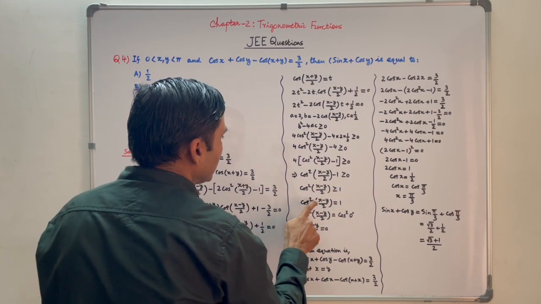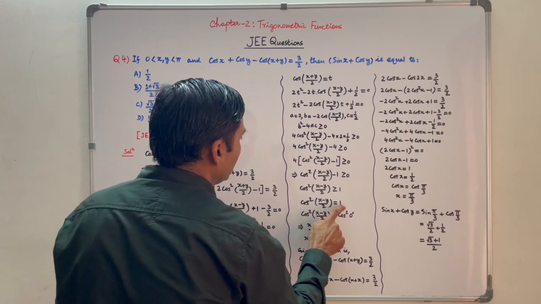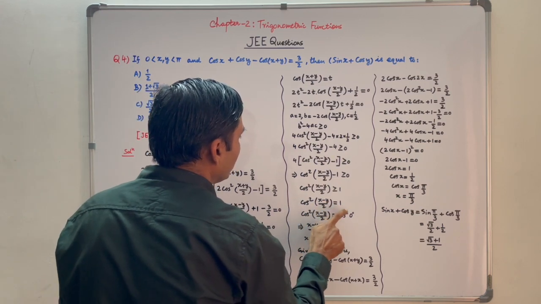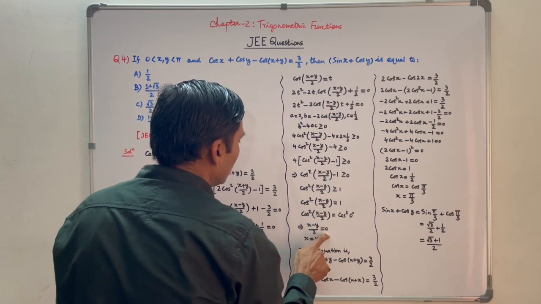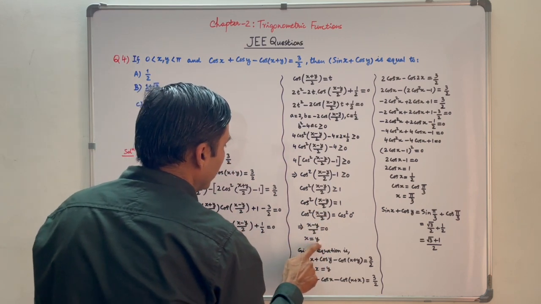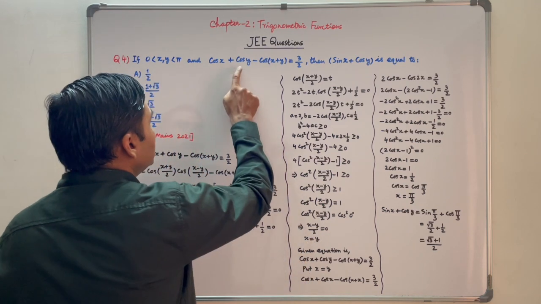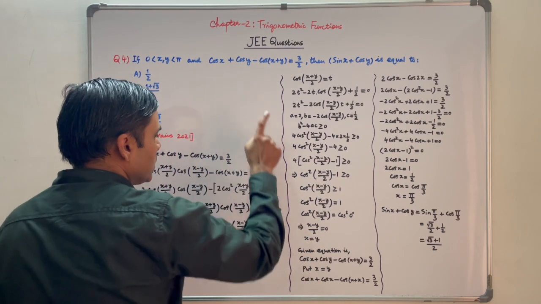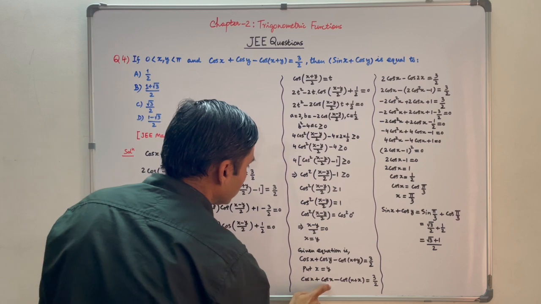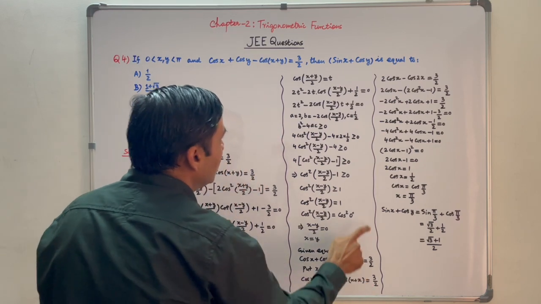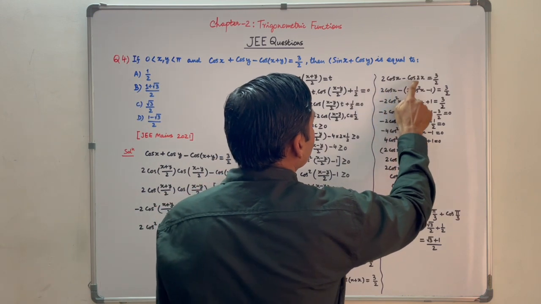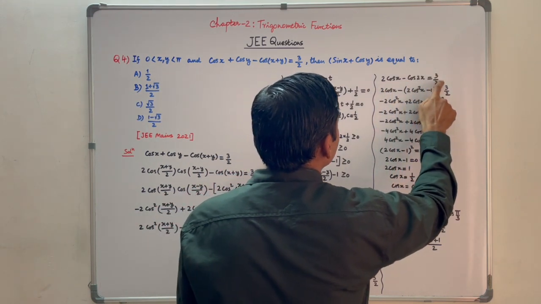So cos square ((x minus y) by 2) is equal to 1. 1 is the value of cos 0. So (x minus y) by 2 is equal to 0, or x is equal to y. Put this value in this equation. So this equation becomes cos x plus cos x minus cos (x plus x) is equal to 3 by 2, or 2 cos x minus cos 2x is equal to 3 by 2.